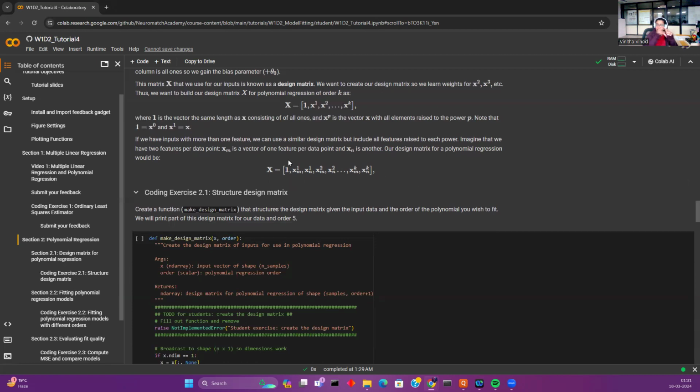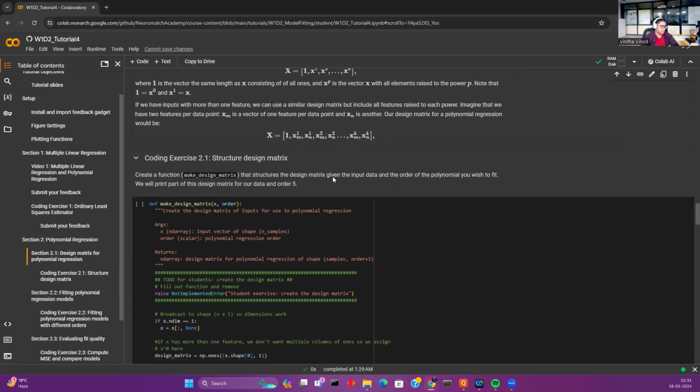Then let's say there are two features: xm, which is one vector of one feature per data point, and xn is the other one. In such a design matrix, you'll have xm raised to 1, then xn raised to 1, then xm raised to 2, then xn raised to 2, and so on until xm raised to k and xn raised to k. That adds one more level of complexity to it.